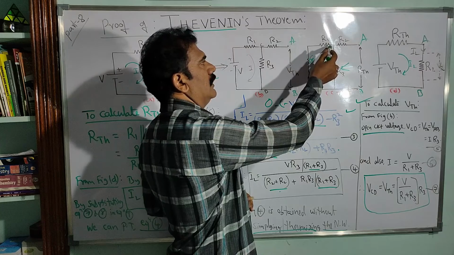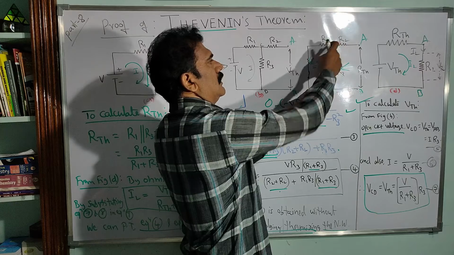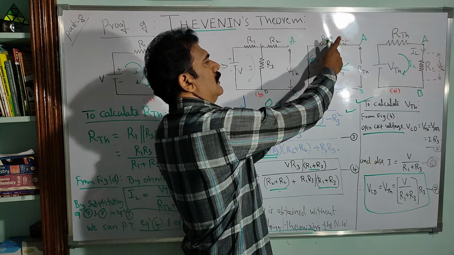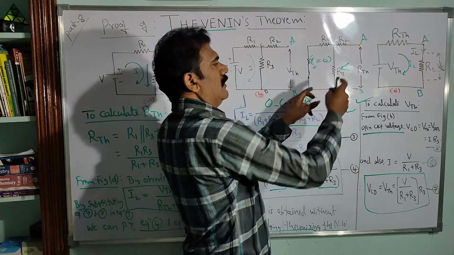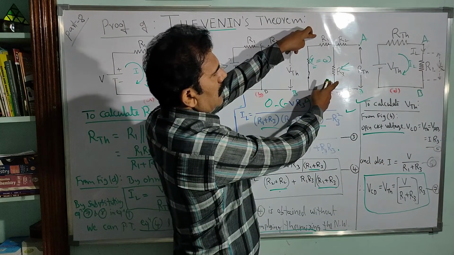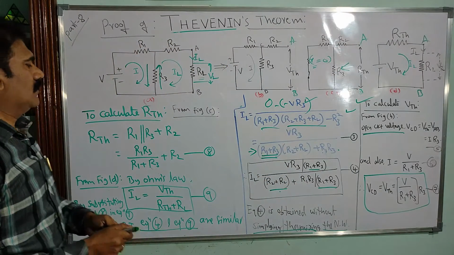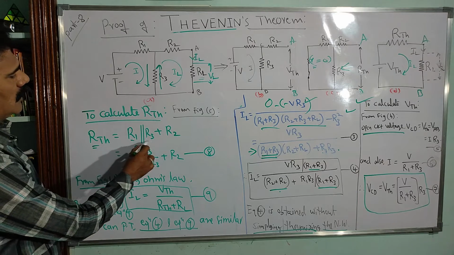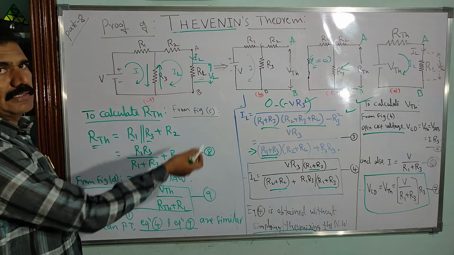Across these two terminals, R1 and R3 are parallel, and then R2 comes in series across the terminals A and B. So we can write the equivalent resistance RTH as R1 and R3 in parallel plus R2 in series. Series resistance must be added here.